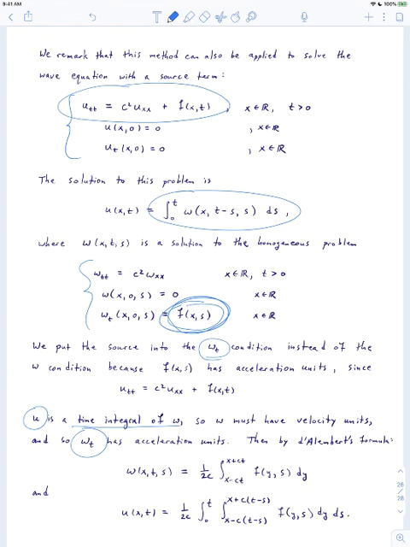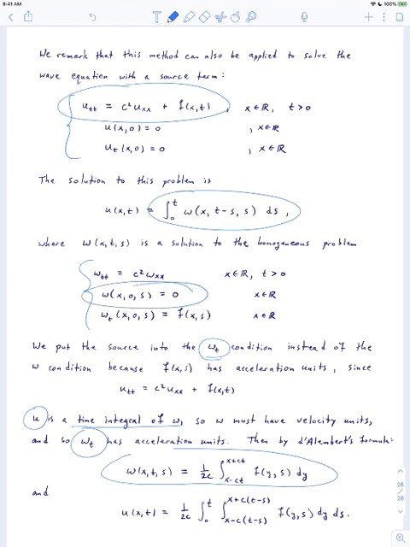Then by D'Alembert's formula, we can actually write down the solution to this Cauchy problem here. The solution is given by D'Alembert's formula, and if you look back at the formula, you're going to have some additional terms which depend on this condition here.